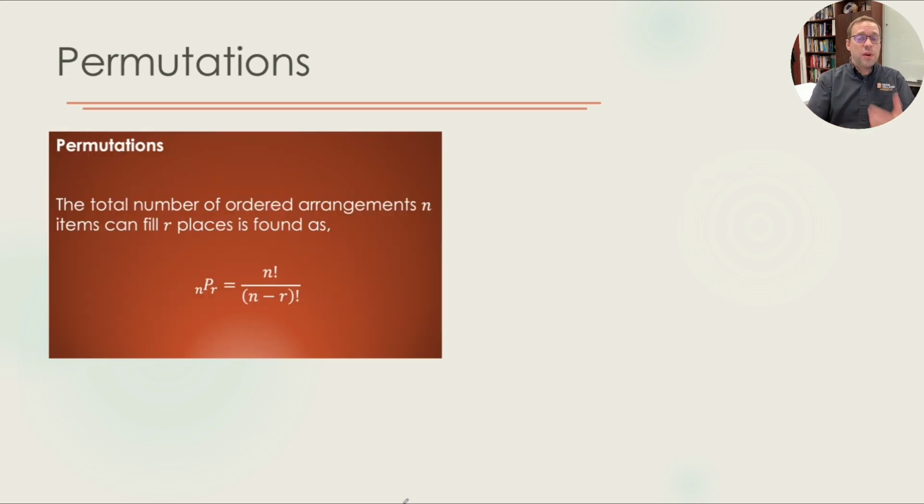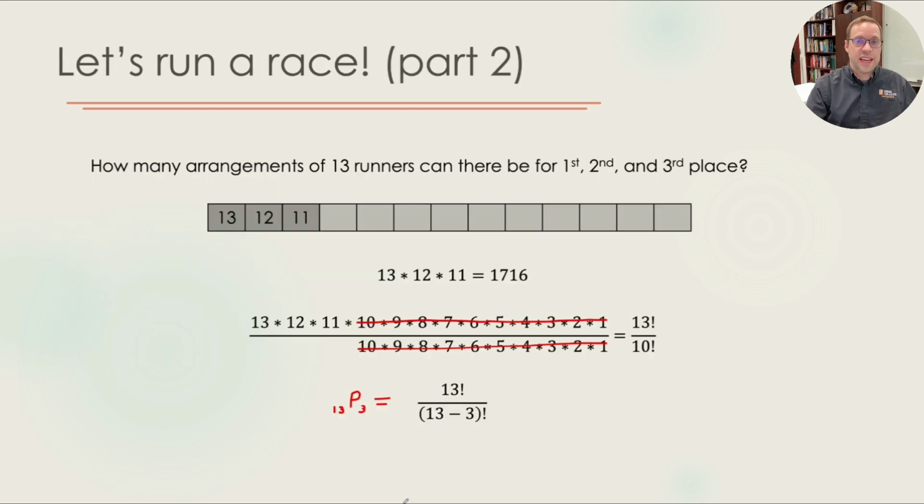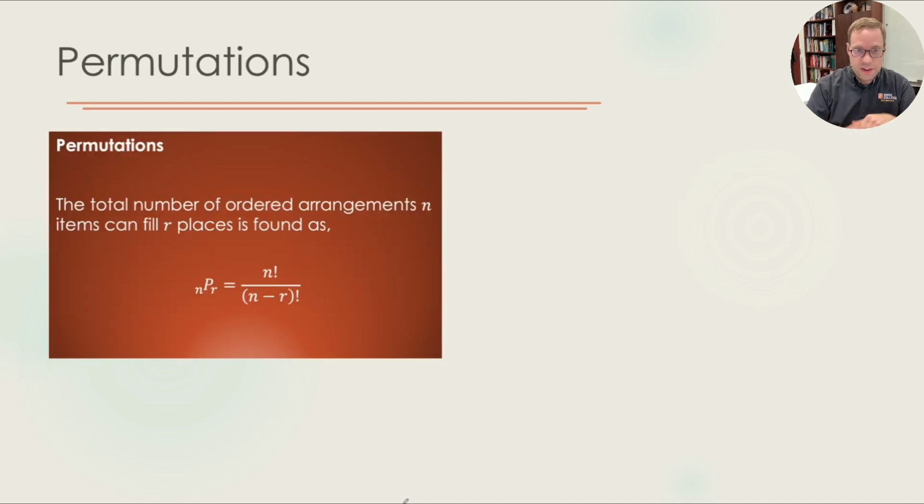All right, that's where it comes from. Honestly, this functions in your calculator. I want you to understand where this came from and what it's doing. A permutation is just taking the total number of subjects you have and looking at how many ways they can finish in the first r different spots in your scenario.